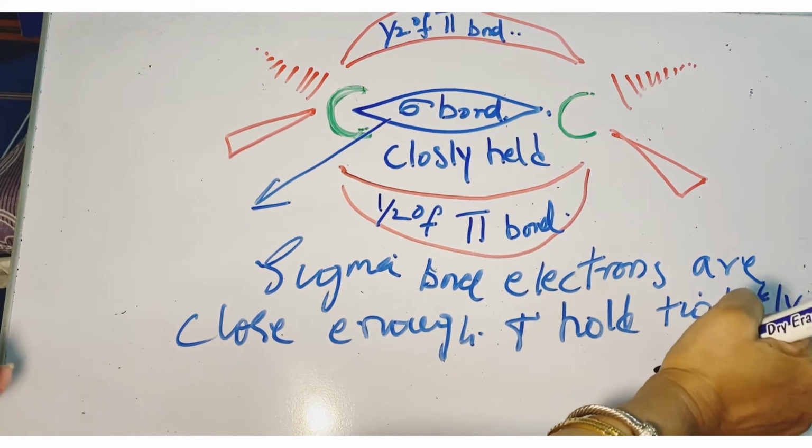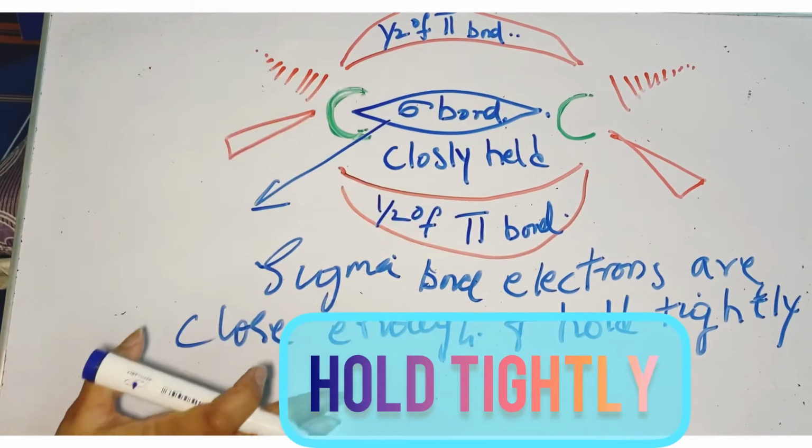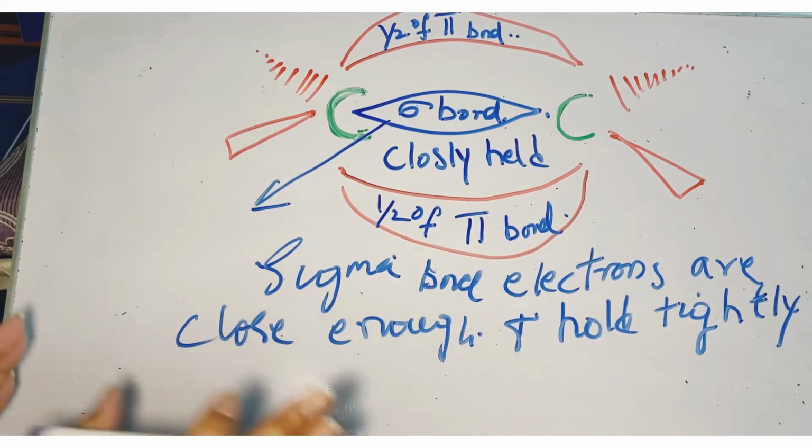Now here I'm just explaining this figure, that is the structure of a pi bond. What it is like, right?